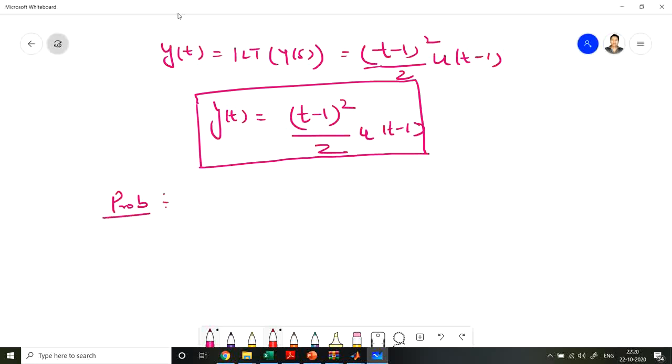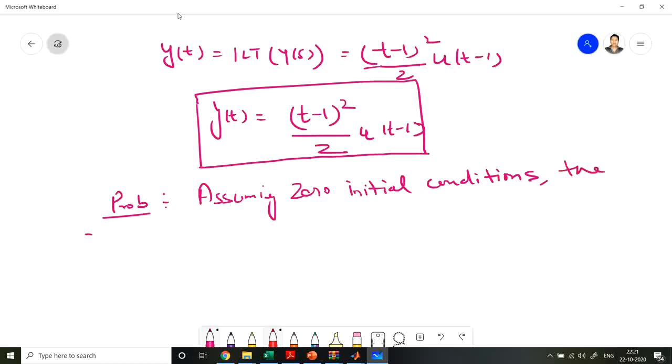Now let us do another problem. The problem is: assuming zero initial conditions, the response y(t) of the system is given below.